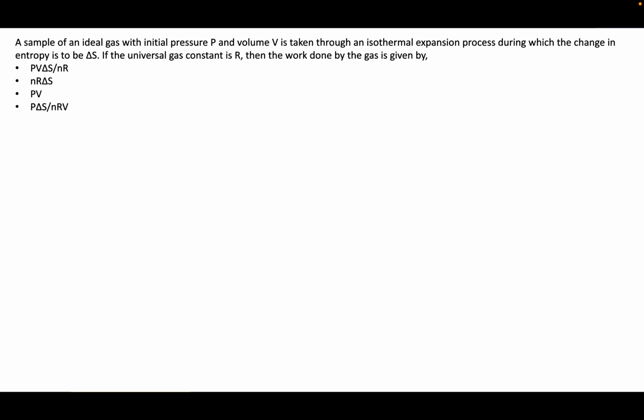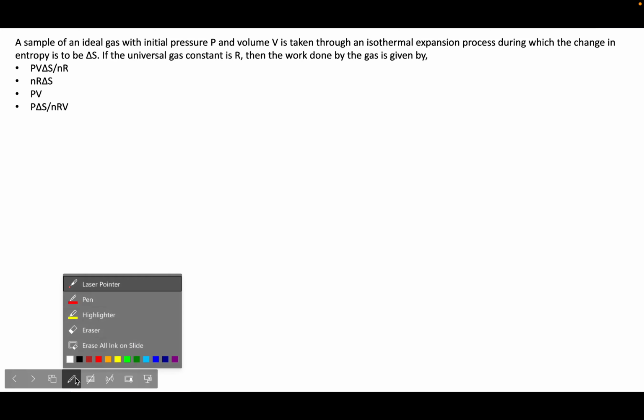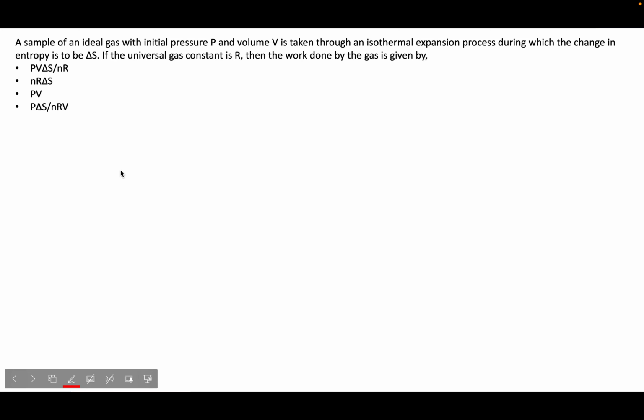So the first question: a sample of an ideal gas with initial pressure P and volume V is taken through an isothermal expansion process, during which the change in entropy is delta S. So delta S is the entropy change, pressure P, volume V. And if the universal gas constant is R, work done by the gas is given by.